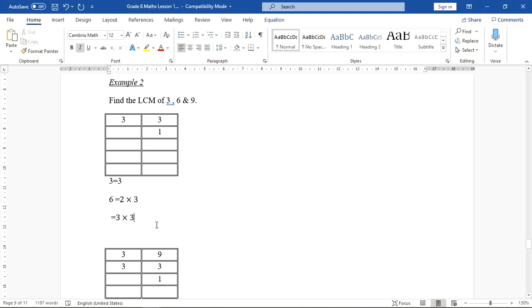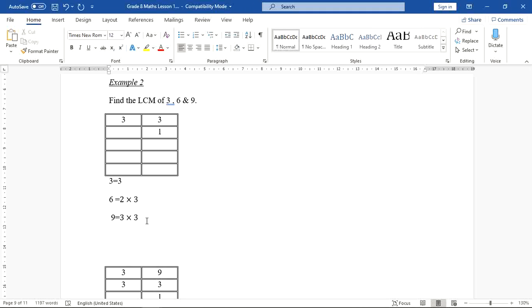Now the 3 numbers: 3 is equal to 3, 6 is equal to 2 times 3, and 9 is equal to 3 times 3. They all have a 3, so this 3 and this 3 and this 3 will form up a single 3. So the LCM will start with 3, let me color it red.